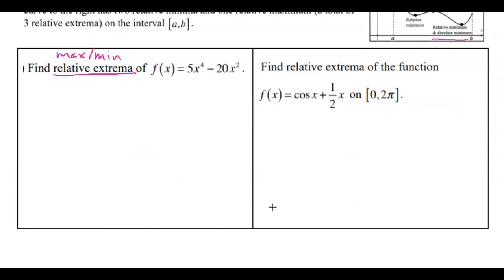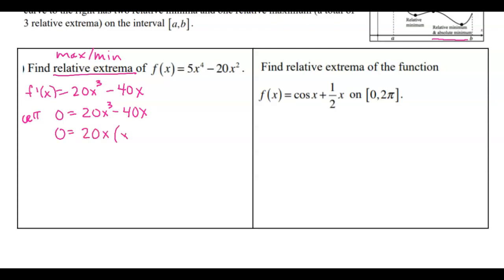So first we need to find the derivative. So f prime, these are nice power rules. We want to find our critical value, so I always like to label it. So 0 equals this. We want to do factoring. So common factor 20x, so we're left with x squared minus 2.